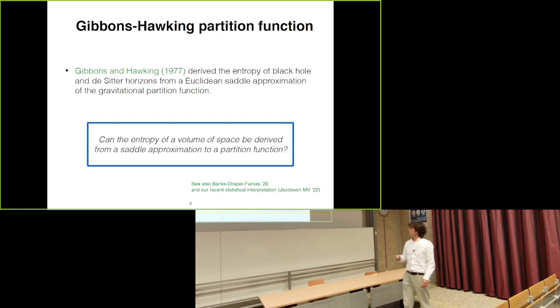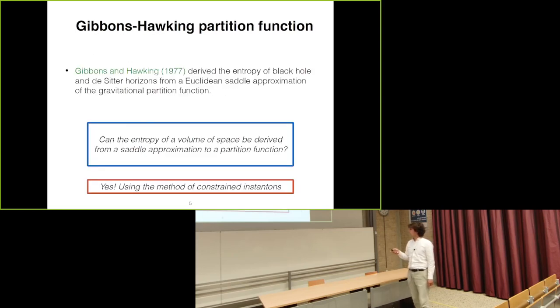They derived the entropy of black holes using a saddle point approximation of the Euclidean gravitational path integral. What we want to do is write down a similar gravitational path integral or partition function for finite volumes of space, and then take a saddle point approximation and derive the entropy.